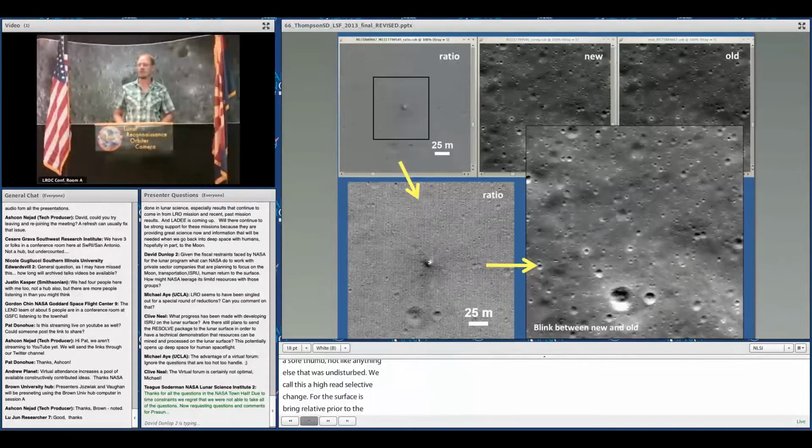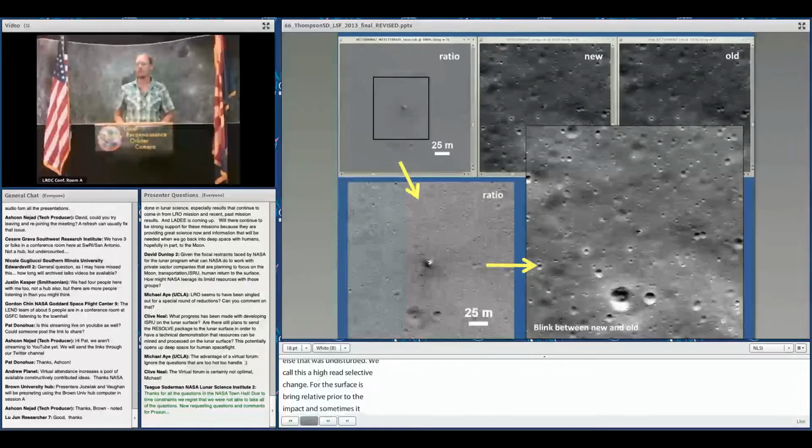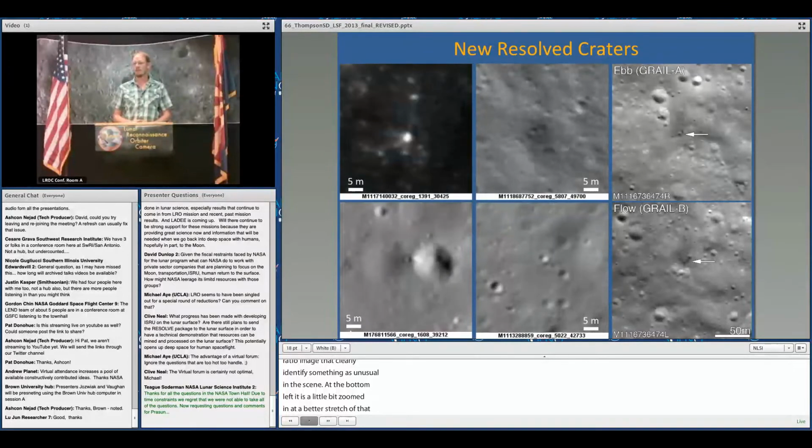And sometimes it's a little bit of both, as in this example that Mark showed on Tuesday. In the upper left, you'll see the ratio image that clearly identifies something as unusual in the scene. The bottom left is a little bit zoomed in and a better stretch of that. And on the right is a blink between the old and new data set identifying the crater. In many cases, we've been able to resolve craters.